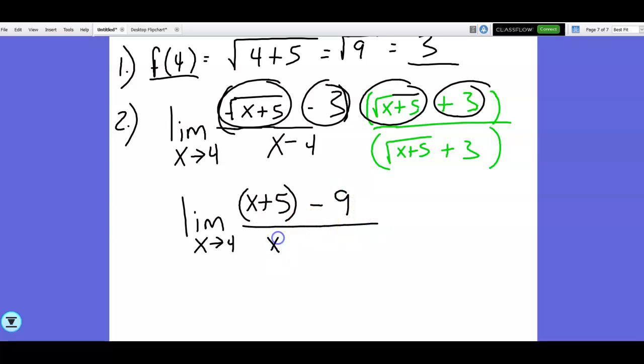On the bottom, we have x minus 4. And we also have this big old clunky thing right there. All right. So that's the beginning of step 3 there, where we start simplifying the expression. And this is 3a, where we multiply the top and the bottom by the conjugate. So now let's do step 3b. 3b is where we're going to combine our like terms in the numerator.